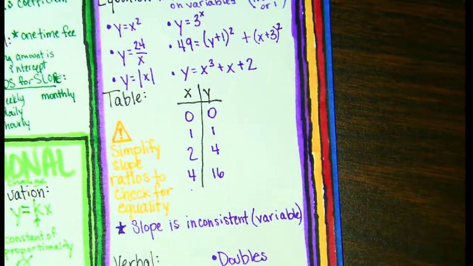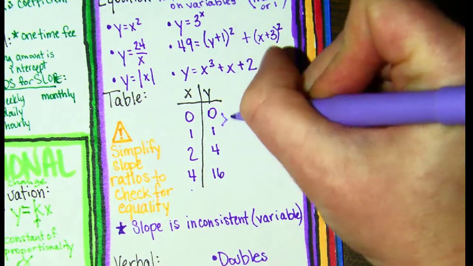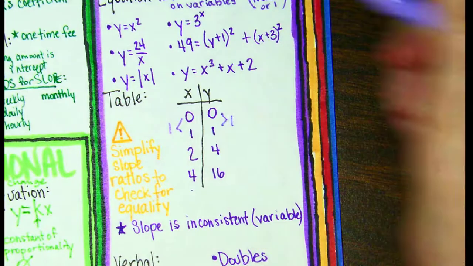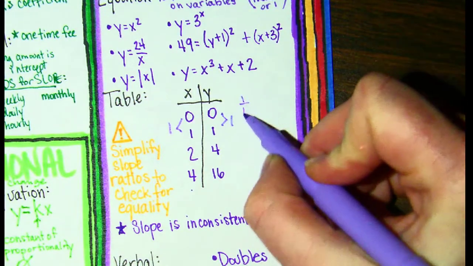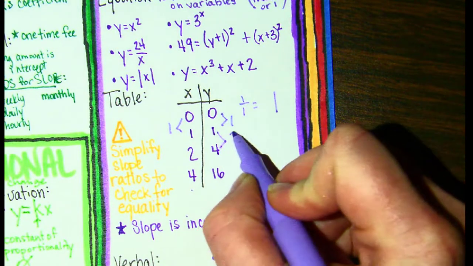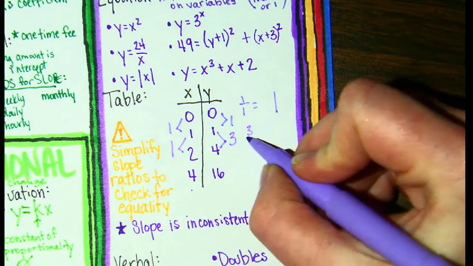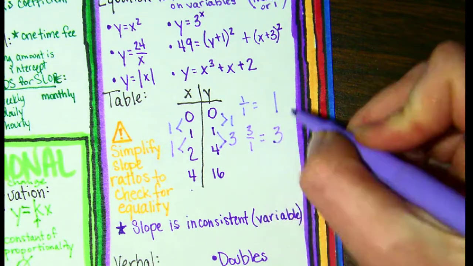In a table, it's not going to be super obvious maybe, but you're going to have to figure out the slope, the rate of change. So from here to here, that's a change of 1. Here to here, that's a change of 1. So 1 to 1 is 1. From here to here, that's a change of 3. That's a change of 1. So that ratio is 3 to 1, which is 3.